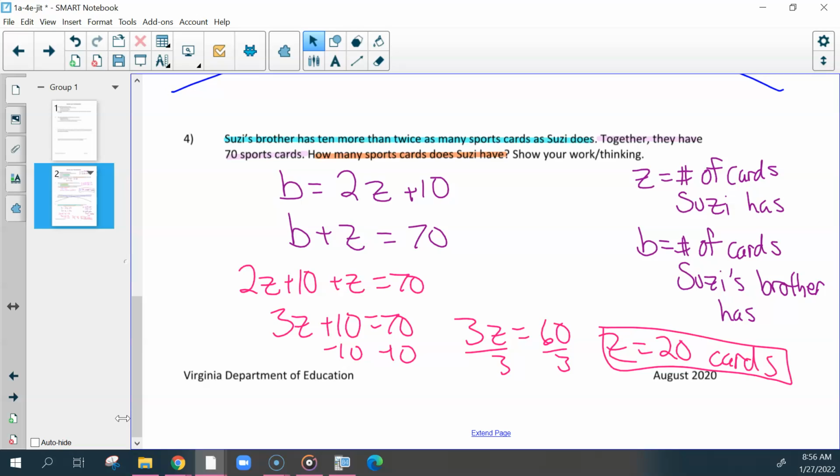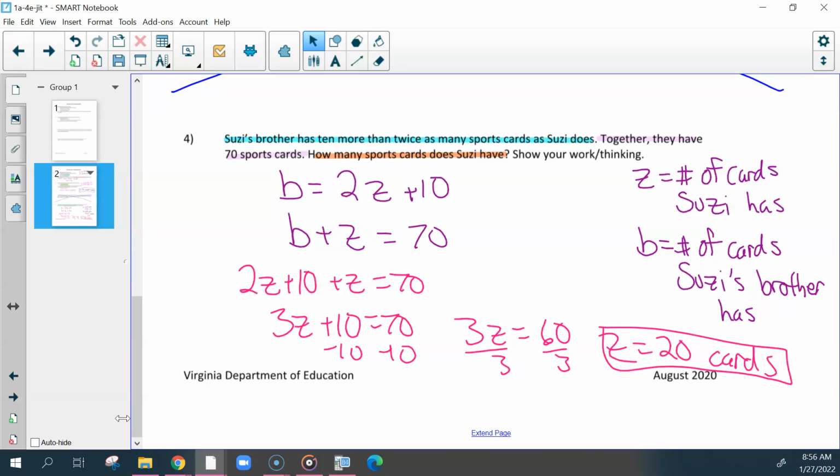Susie's brother has 10 more than twice as many cards as Susie does. So this is talking about the brother, so this should be brother equals 2 times Susie's number plus 10, or if you read it backwards, same thing. If I start with Susie and I multiply it by 2 and then I add 10, I get the brother's amount. And then the other one, together they have 70, so that should be your two variables added together.